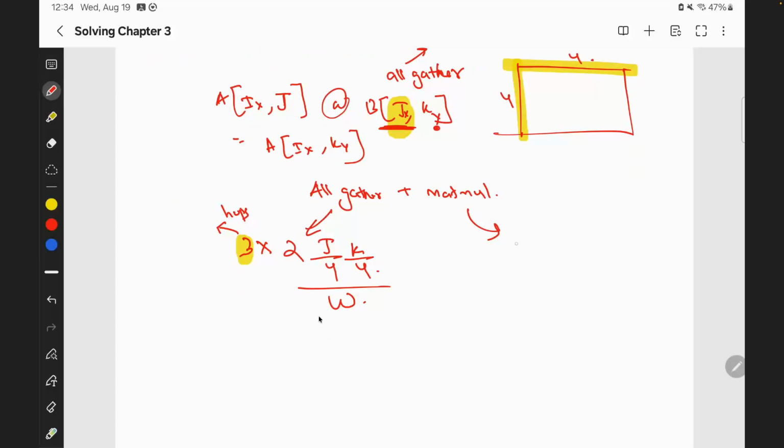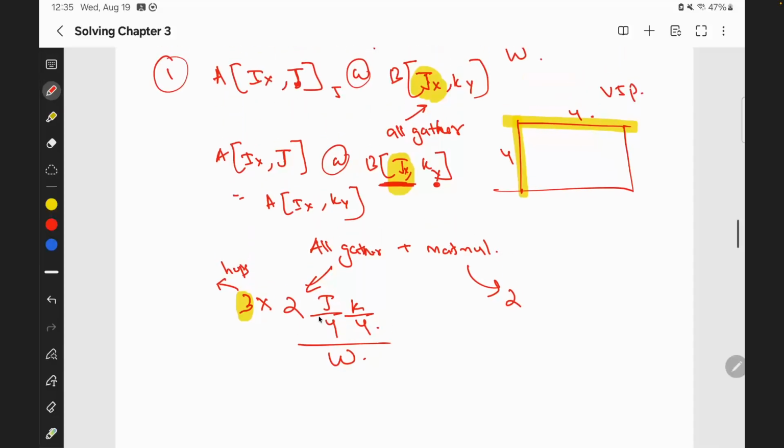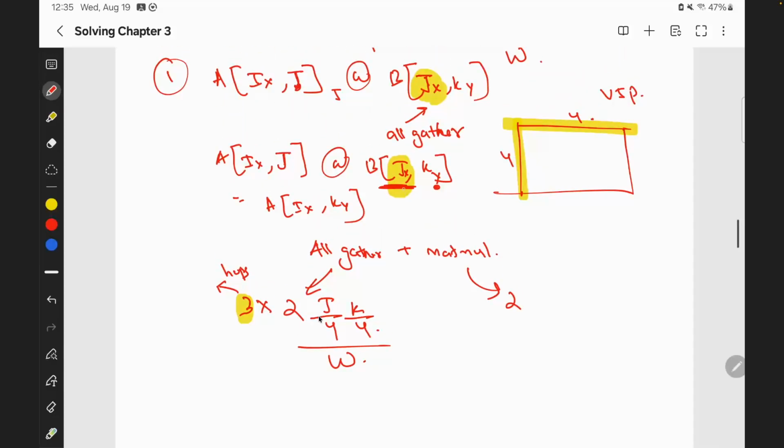And for matmul, after doing an all gather, I overwrote actually. When you do an all gather here, you get J, and you need to do a matrix multiplication here. You can see I is sharded, K is sharded, and J is fully there. So it is 2IJK divided by 16.